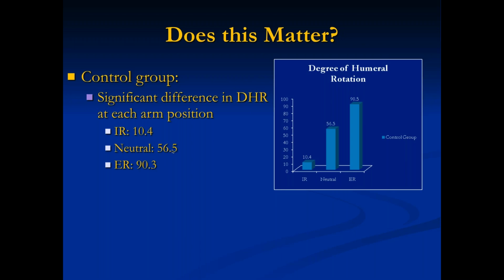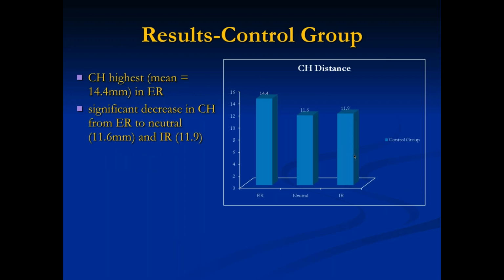In the neutral position, there was a 56-degree angle between those. And in external rotation, the intertuberous groove was basically 90 degrees from the plane of the glenoid. So this just shows what the angles of the different degrees of rotation were in the control group.